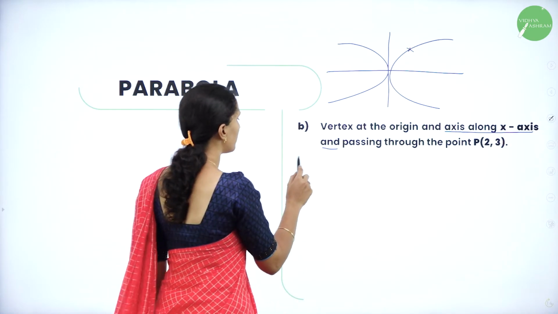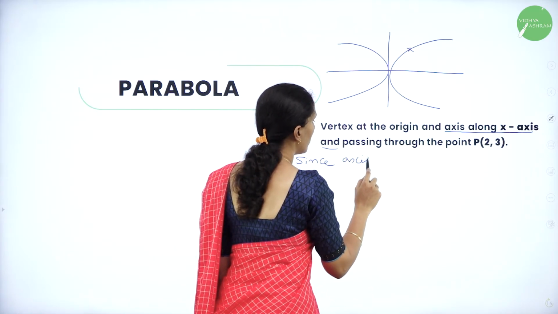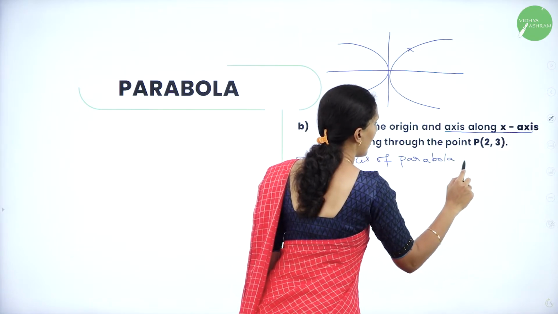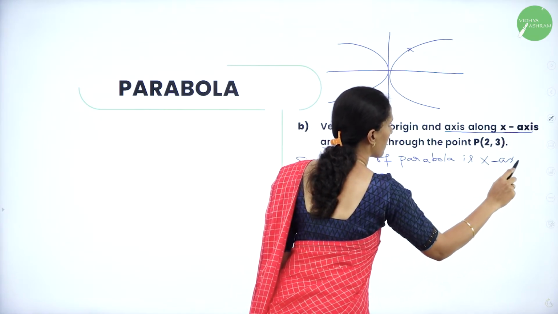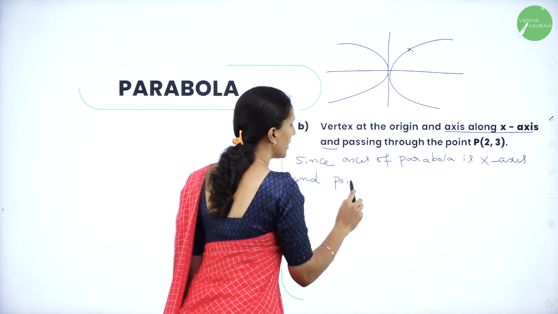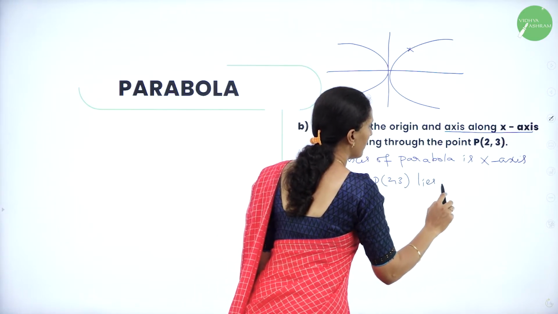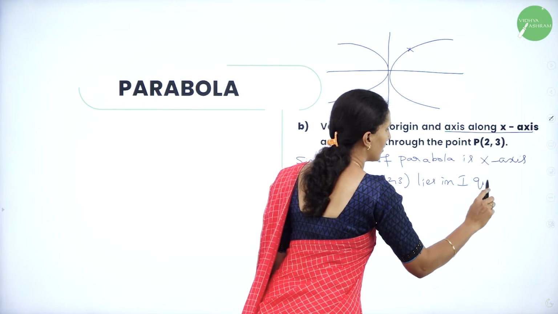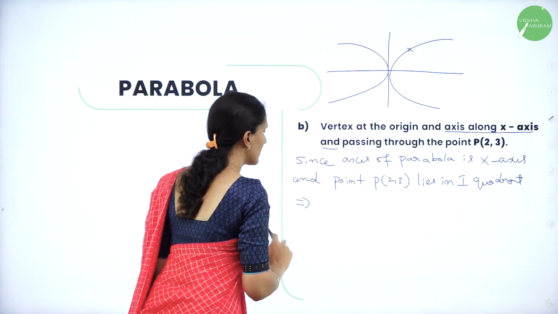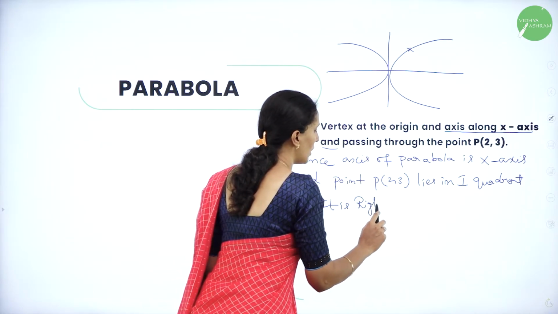So, since axis of parabola is x-axis and point P(2, 3) lies in first quadrant, this implies it is a right-handed parabola.